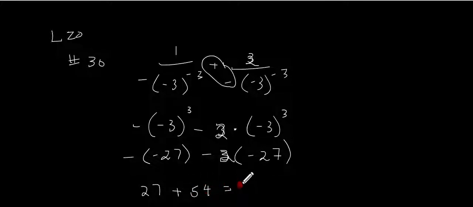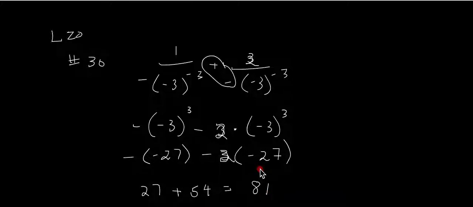And your final answer is, oops, yeah. Let's see, it looks like I did something wrong. No, I didn't. Okay, let me just add those up. 27 plus 54, I hope I didn't do it wrong, is 81.